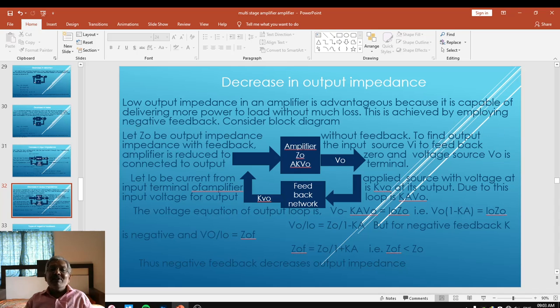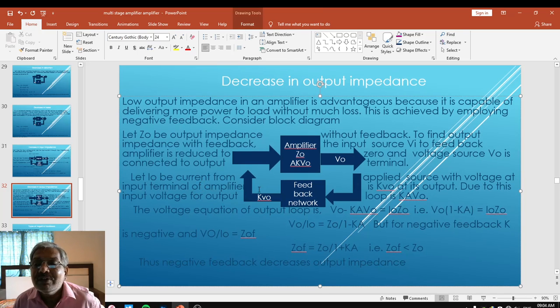To find the output impedance with feedback, the input source Vi to the feedback amplifier is reduced to 0 and the voltage source Vo is connected to the output terminal. Let Io be the current from the applied source, flowing with the voltage at the input terminals of the amplifier being K into Vo.